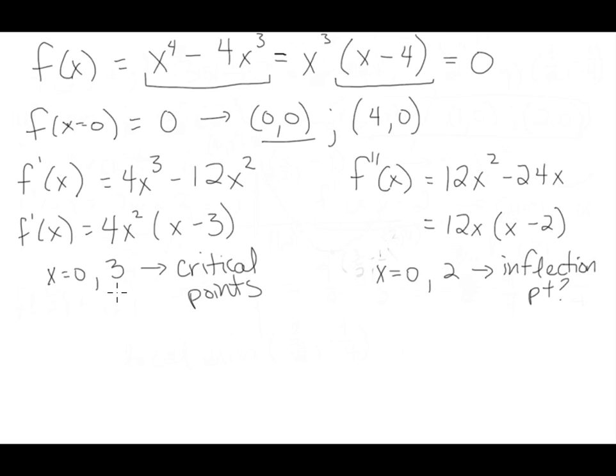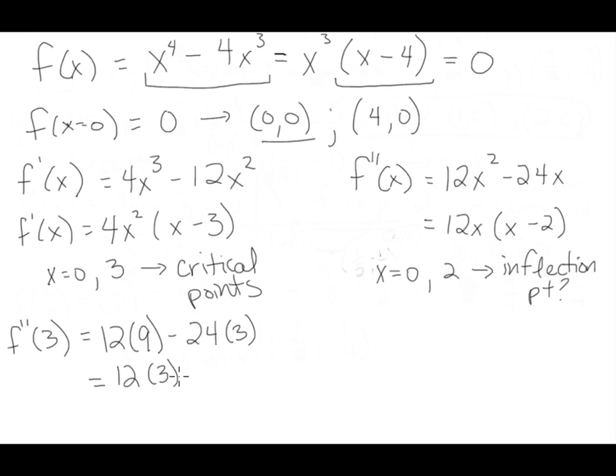When x is equal to 3, I'm going to check the value of the second derivative. It is 12 times 9 minus 24 times 3. I could also do this in the factored form, where I have 12 times 3 times 3 minus 2.